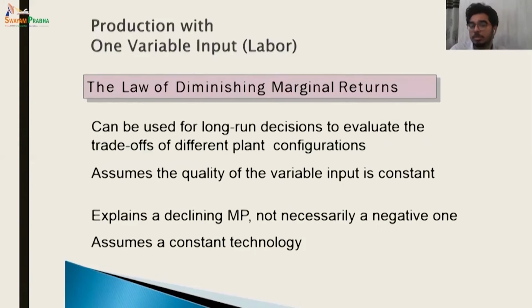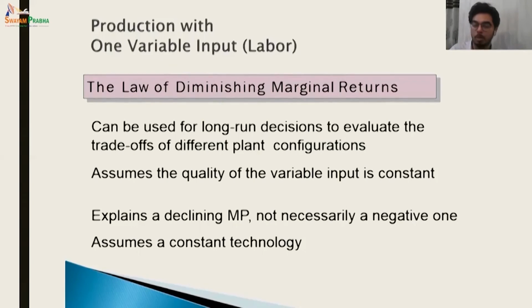So this law of diminishing marginal return can be used to take long run decisions, to understand how far I will hire labor or any particular input, and what will be the right mix beyond which I should not. It can be used for long run decisions to evaluate the trade-offs between different plant configurations.